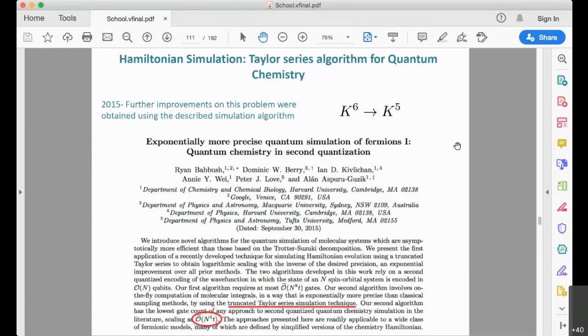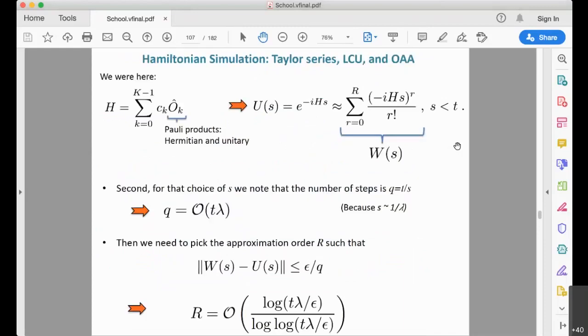Oh, you mean the error that comes from approximating the Taylor series by putting a cutoff? Because I'm dealing with the W of S, which is not exactly U of S. Here, the overall error is epsilon. We pick everything such that the overall error at the end is epsilon.